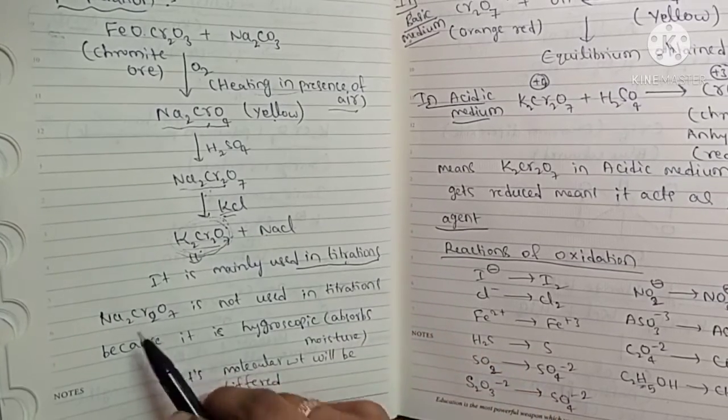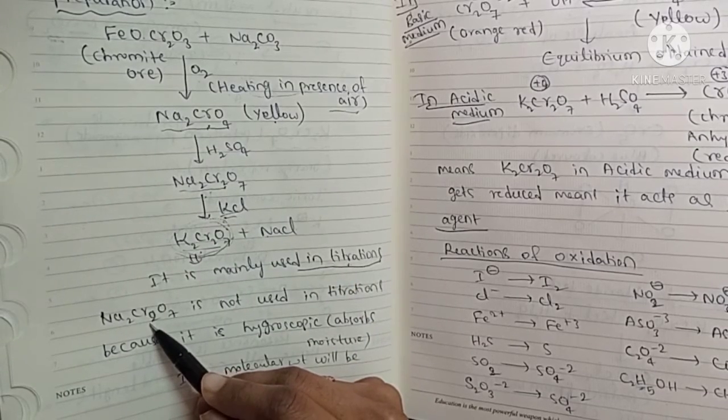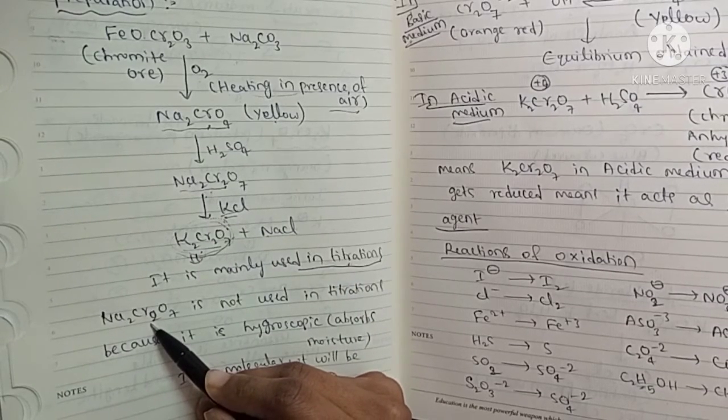So why is sodium dichromate not used as an oxidant in titration reactions?